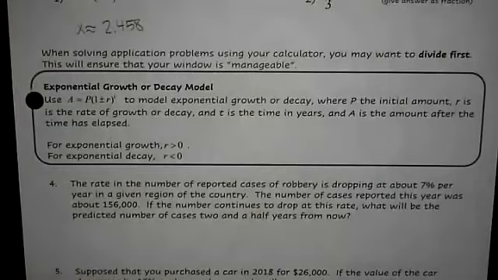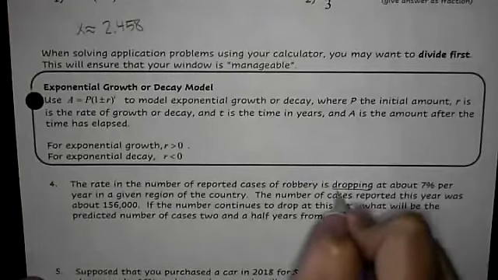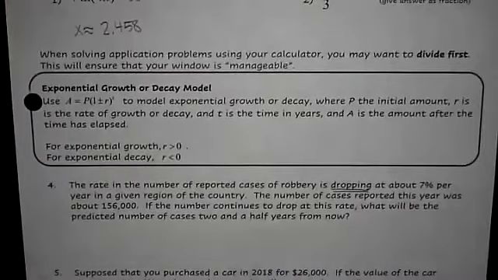When you are working these problems, one of the things that you want to make sure you're looking for is keywords like dropping, depreciation, appreciation. That's what's going to help you determine whether it's exponential growth or exponential decay. Dropping means it's going down, so this would be exponential decay.